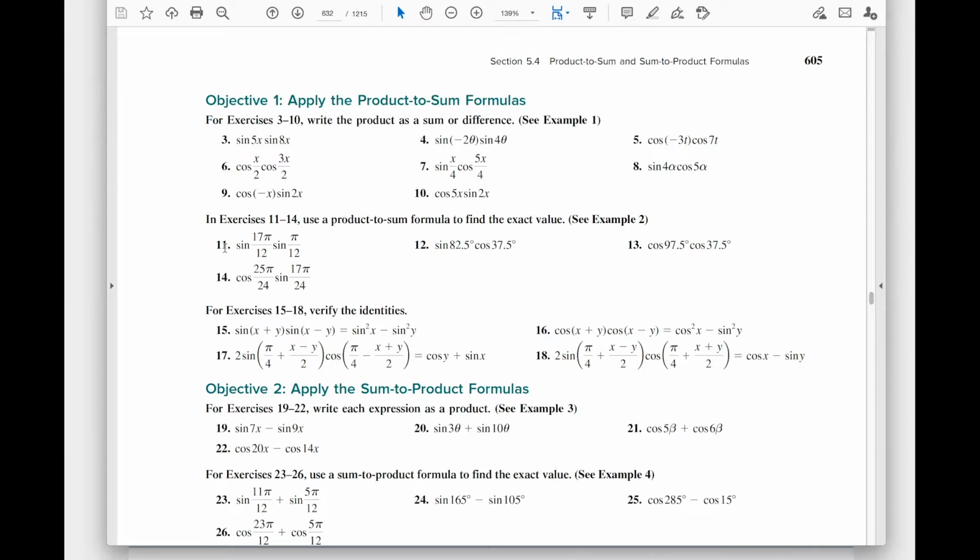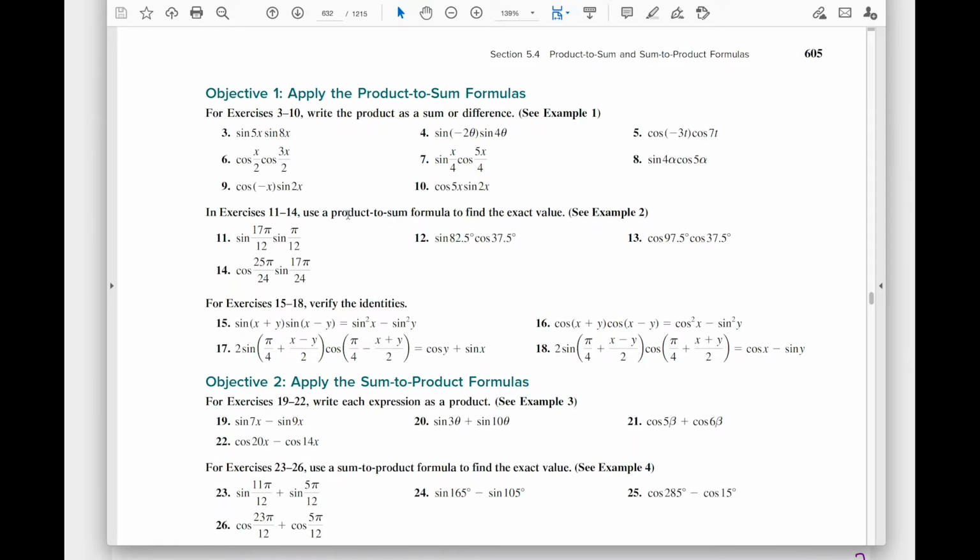Let's do one from 11 to 14. The question is, use a product-to-sum formula to find the exact value. Let's do 14. Cosine of 25 pi over 24 times sine of 17 pi over 24. So 25 pi over 24 is certainly not a remarkable angle.